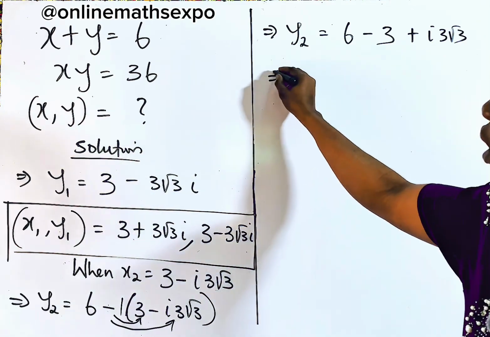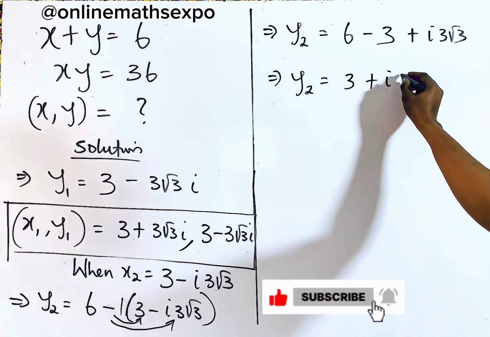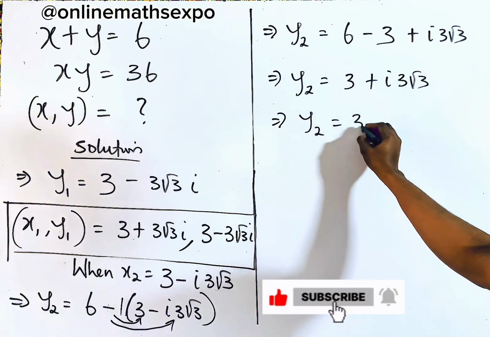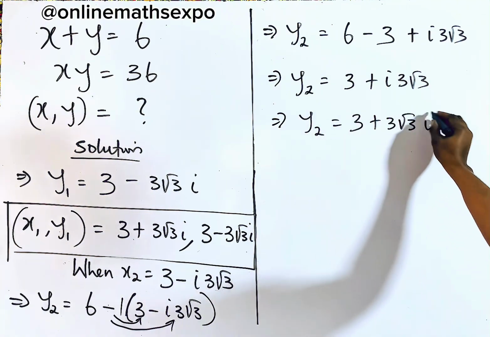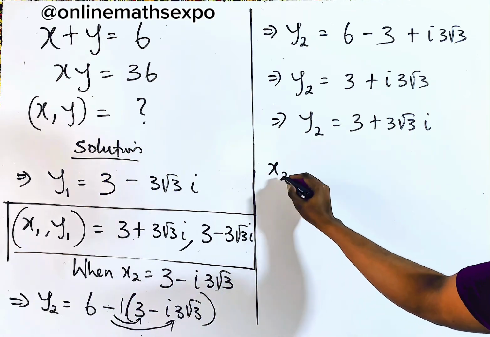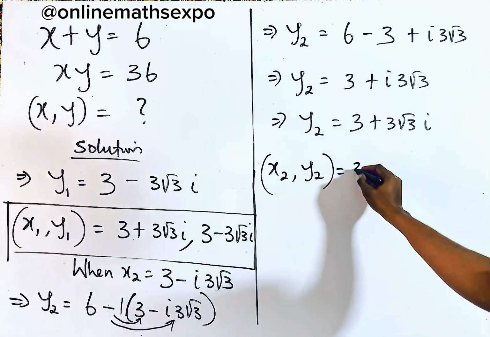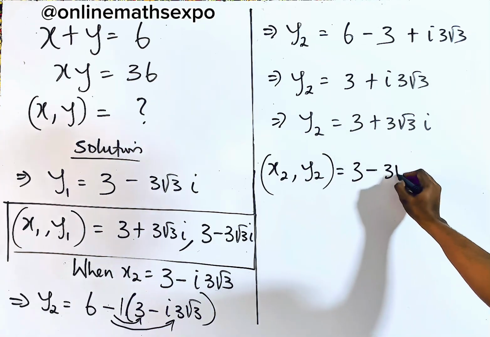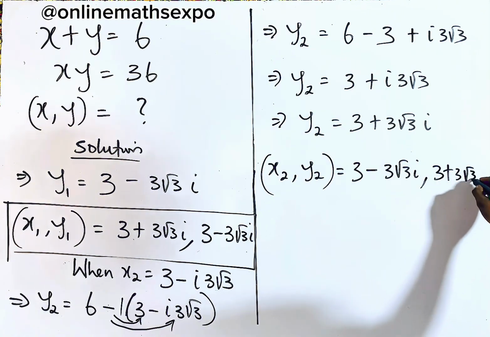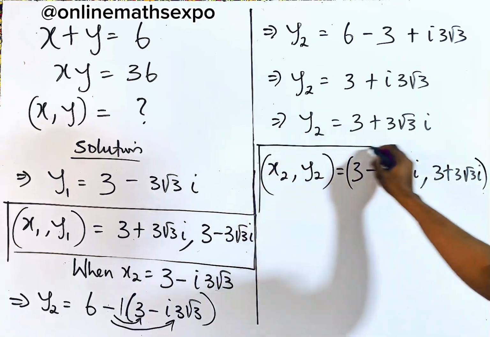So if you simplify, the second value of y, subtract this, you have 3 plus i 3 root 3. So the second y will be 3 plus 3 root 3 i. So gathering it, the second x and its corresponding y will be 3 minus 3 root 3 i and 3 plus 3 root 3 i. So this is what we have for the second set.